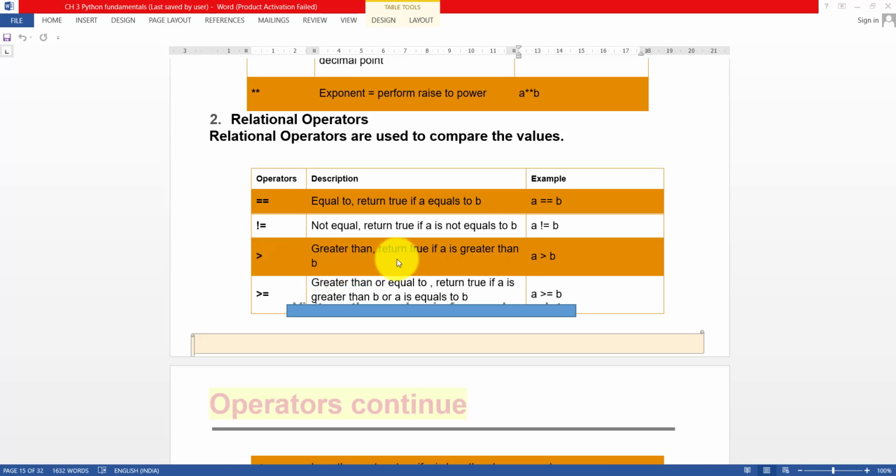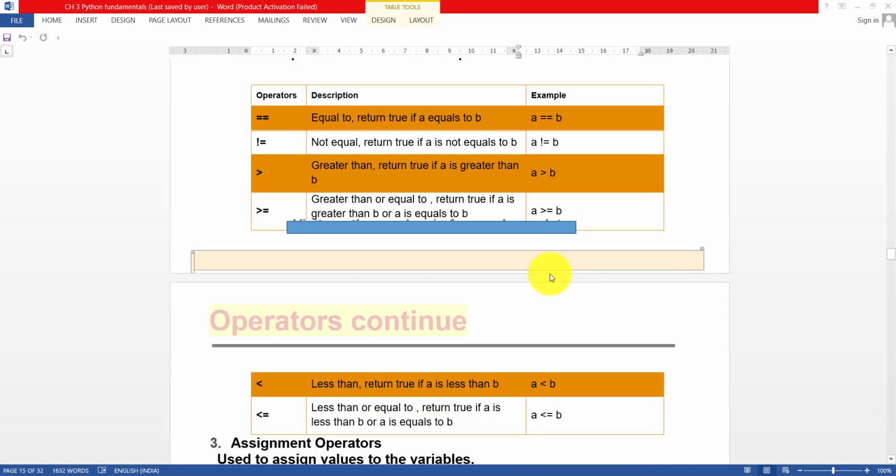It returns true if A is greater than B. We will write like this, A greater B. Greater equal returns true if A is greater than B or A is equal to B. Otherwise it returns false.